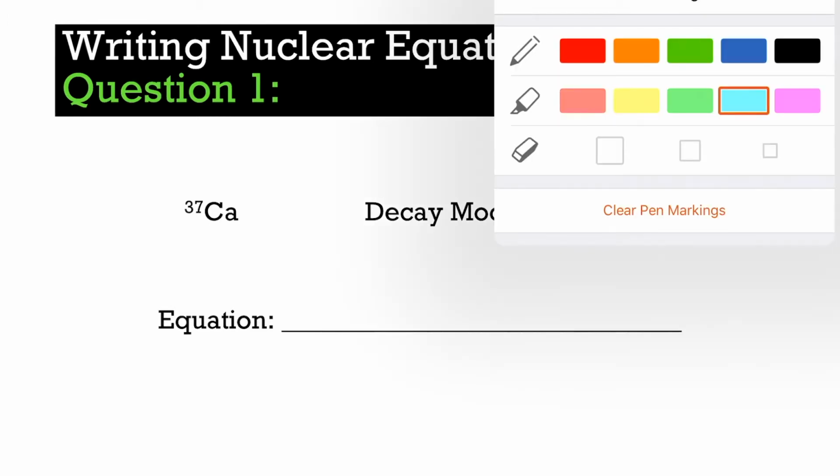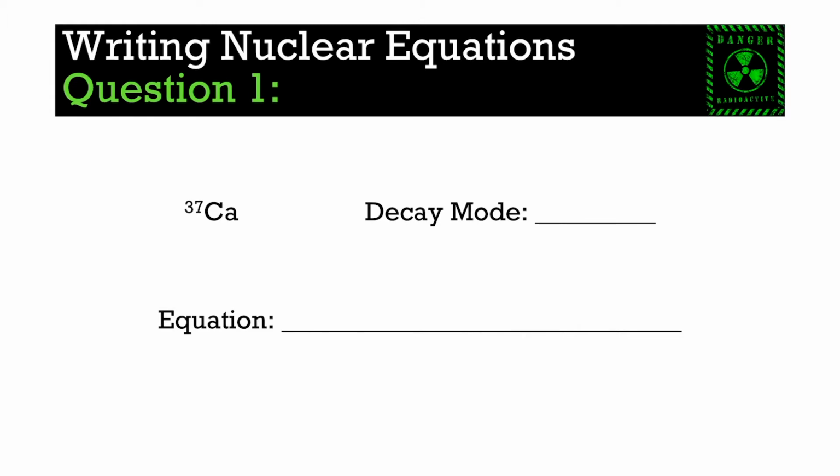So, calcium 37. According to Table N, the decay mode is beta positive, and this is a positron. Remember, a positron is really a positive electron, so it has 0 mass and a positive 1 charge, and it's symbolized like that. I'm going to say beta positive because it's easier than saying positron over and over. The other one will be beta negative.